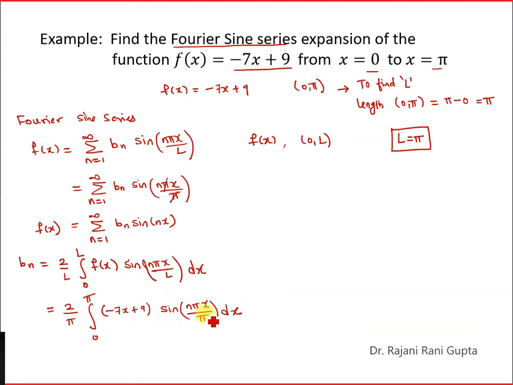Before moving to the integral, just simplify it. So we get bn equal to 2 over pi integral 0 to pi of (minus 7x plus 9) sine(nx) dx.